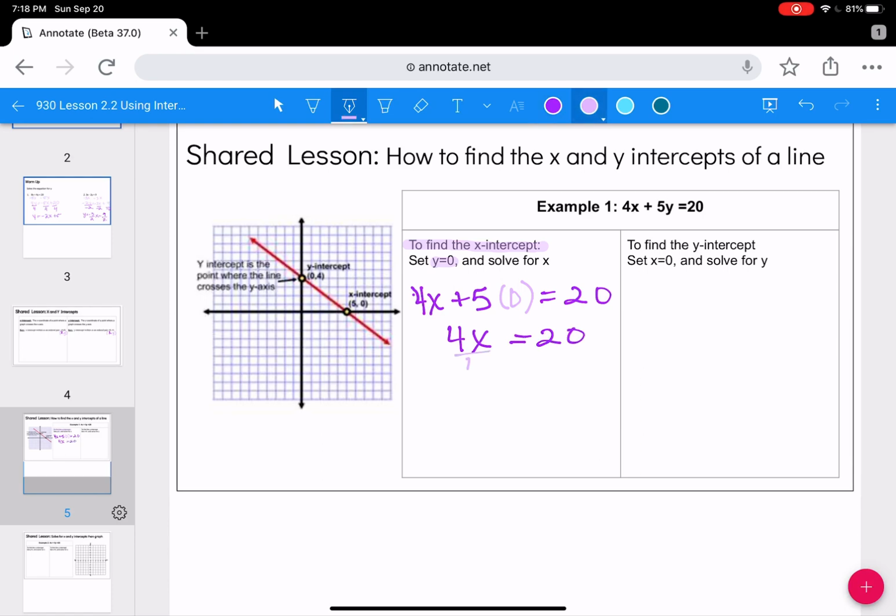Then we divide by 4, and we get x is equal to 5. So now I need to write my final answer as an ordered pair. My x value is 5, and my y value, which I've said equal to 0, is 0. So 5, 0.